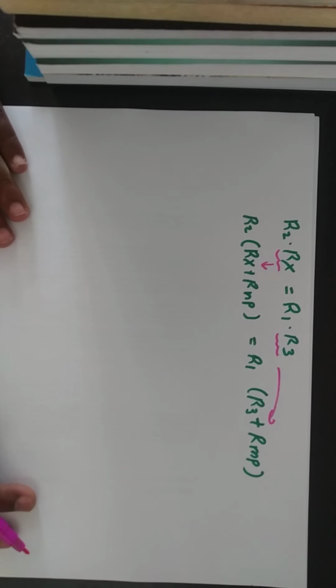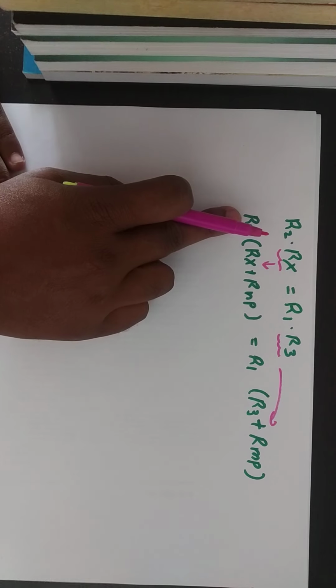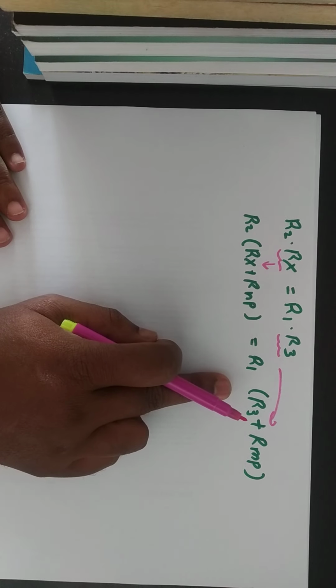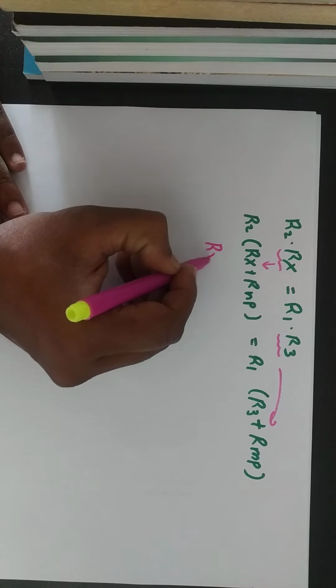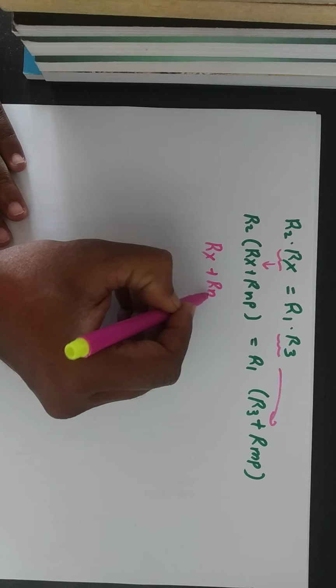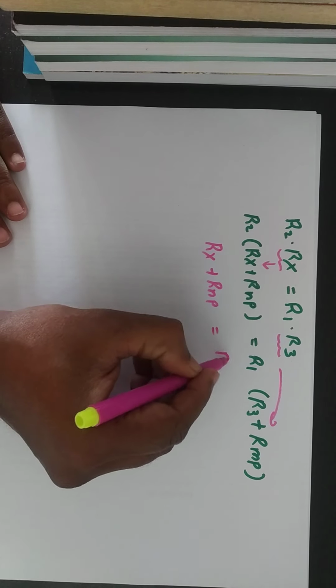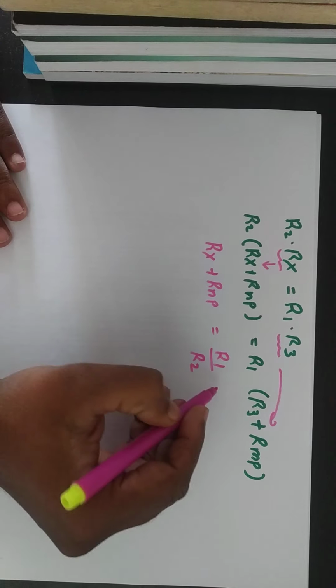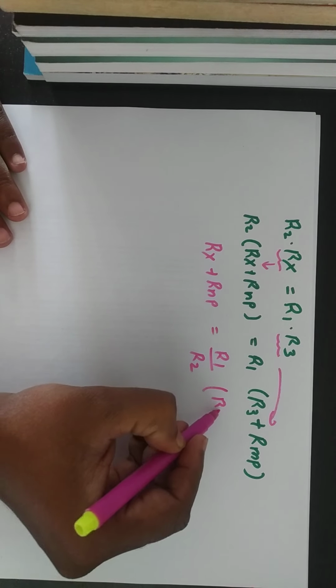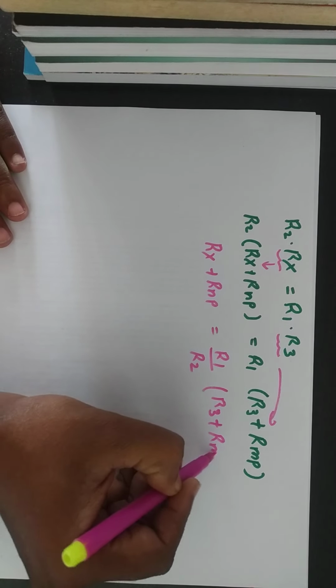For example, if you take this R2 to this side, this equation becomes Rx plus RNP is equal to R1 divided by R2 into R3 plus RMP.